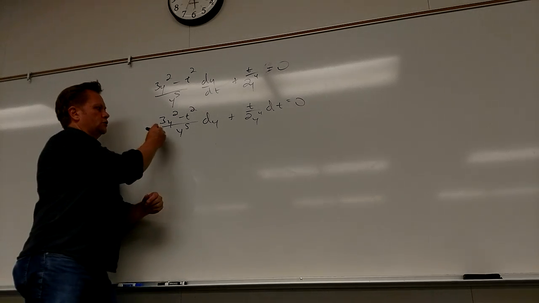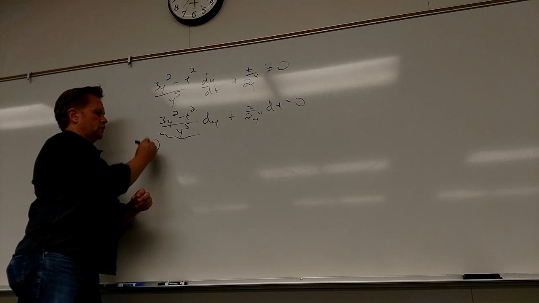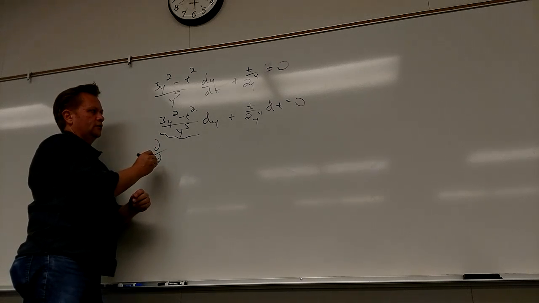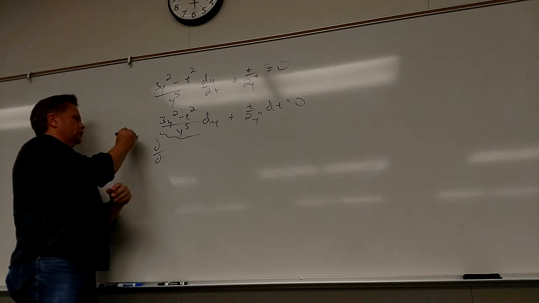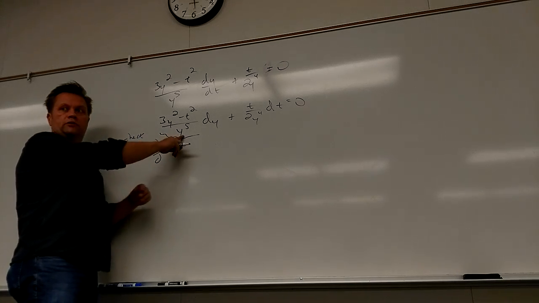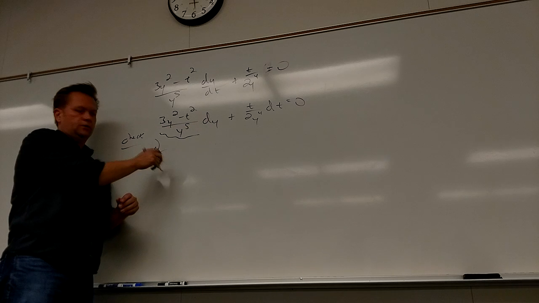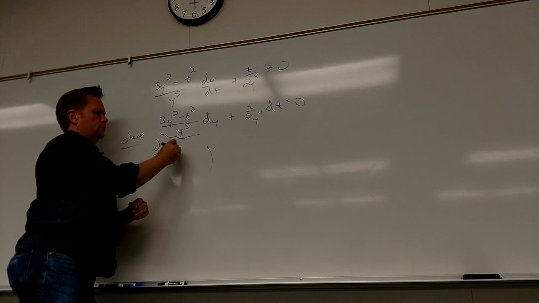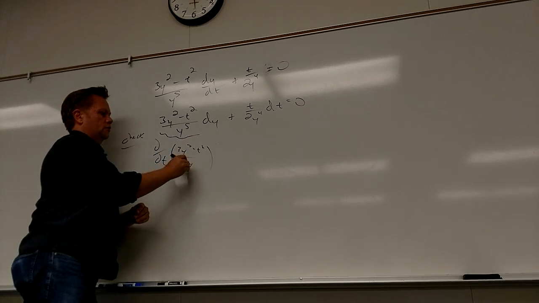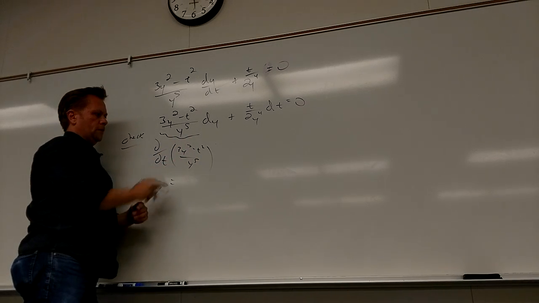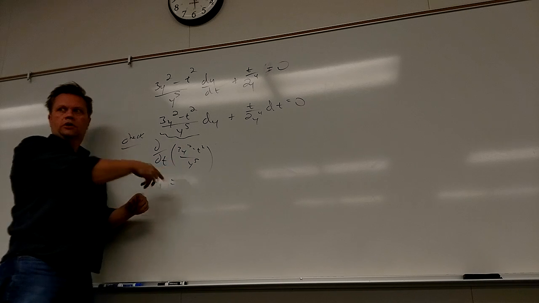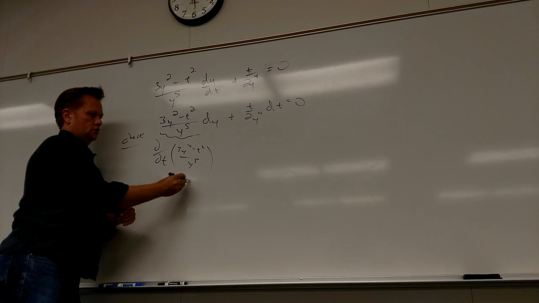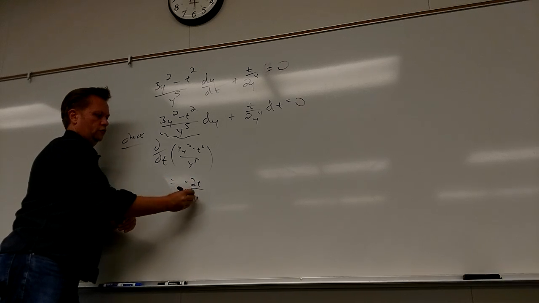So this one, I have to do what? ∂ by ∂ what? M. To check, how do I check? What do I do the derivative with respect to? What's it already been done with respect to? y. So I have to do it with respect to t of this, right? And what do I get? This piece is all dependent on y, who cares? So this piece is negative 2t over y to the fifth.